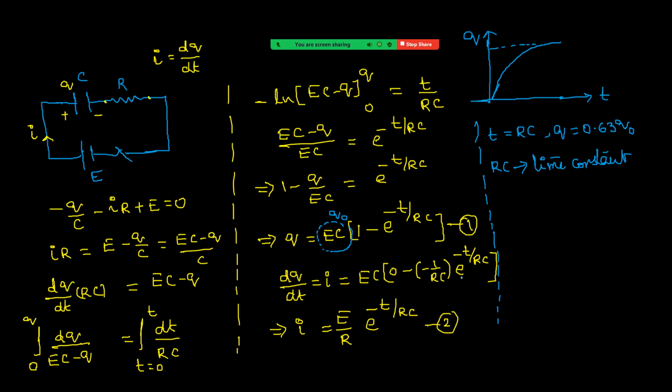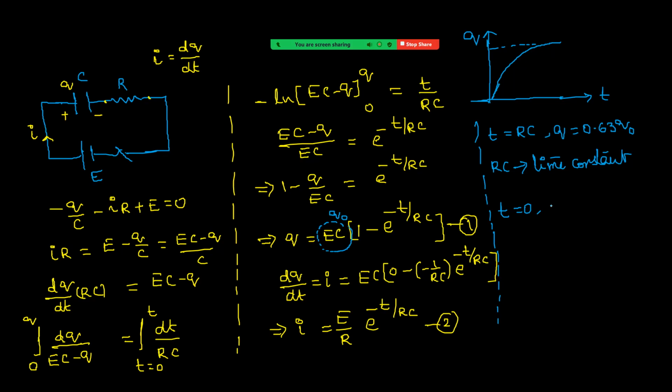Next, coming to current, see carefully, when t equal to 0, this exponential becomes 1. That means when t equal to 0, the charge on the capacitor is 0, initially uncharged.